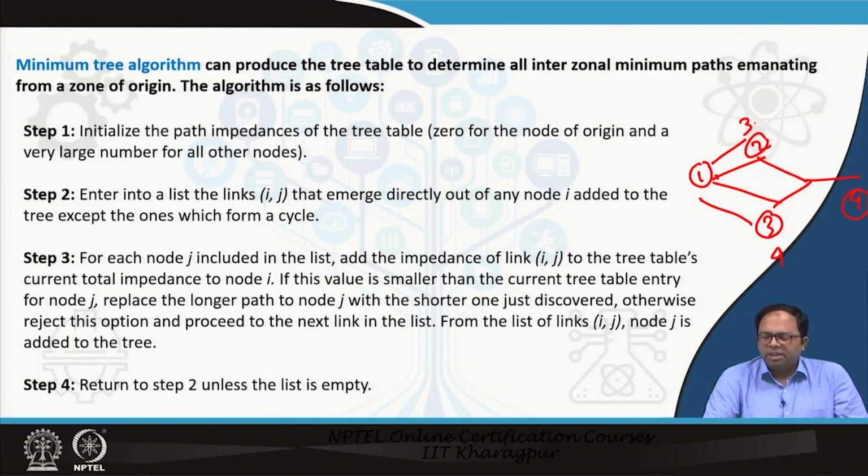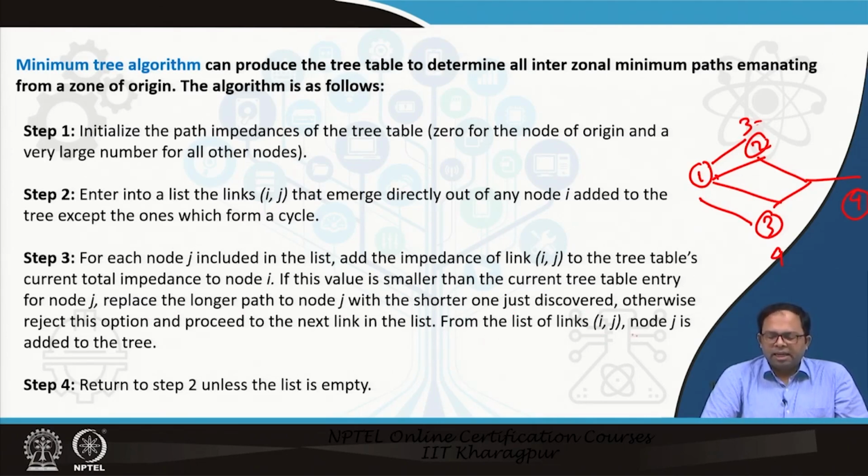But if this already has a value from an earlier iteration, and this new value is smaller than the current tree table value, we will replace the longer path to node j with the shorter one just discovered. Otherwise, we will reject the option and proceed to the next link in the list.